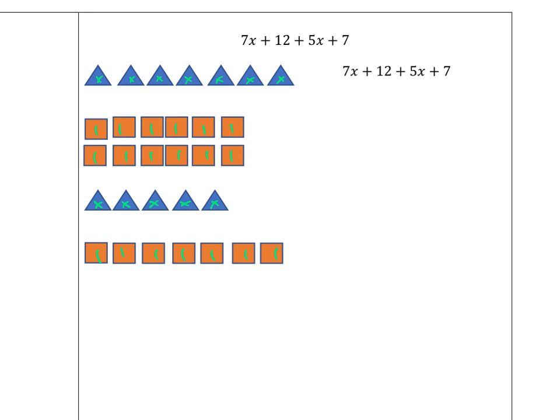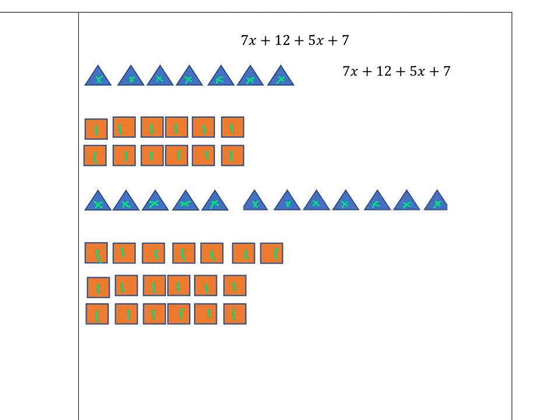If I look, what I need to do is put my x's together and my numbers together, right? So I'm going to take these and group them together. What property allows me to move things? Commutative property.